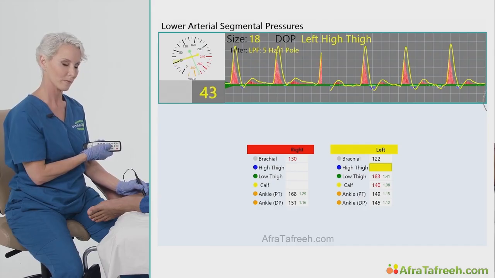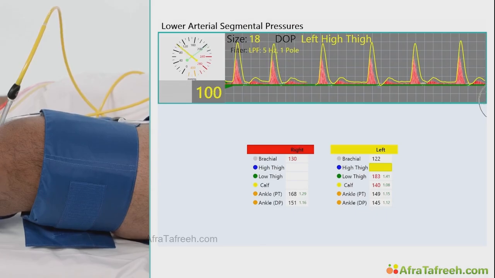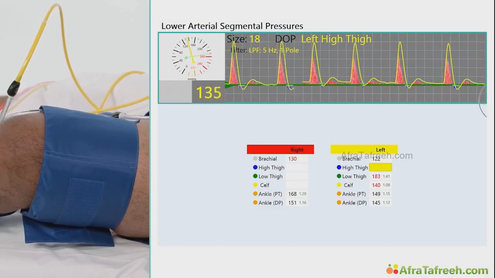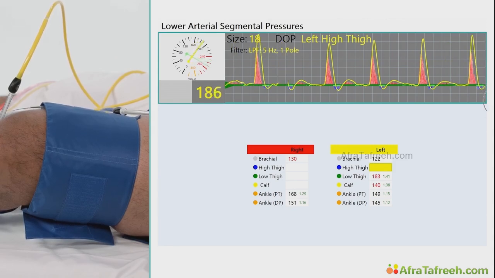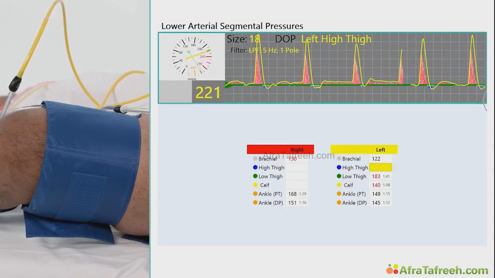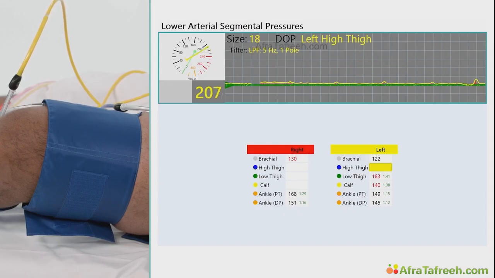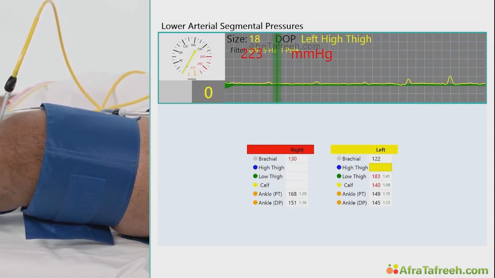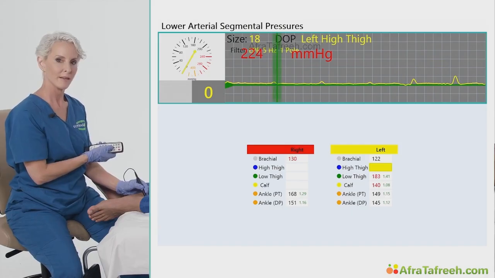Notice that I don't have to move my probe position. Observe your cuff and be sure that it doesn't change position during the inflation. And this pressure is 224 in the high thigh.